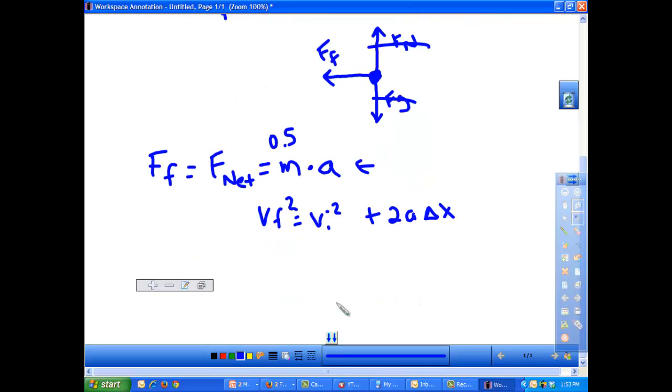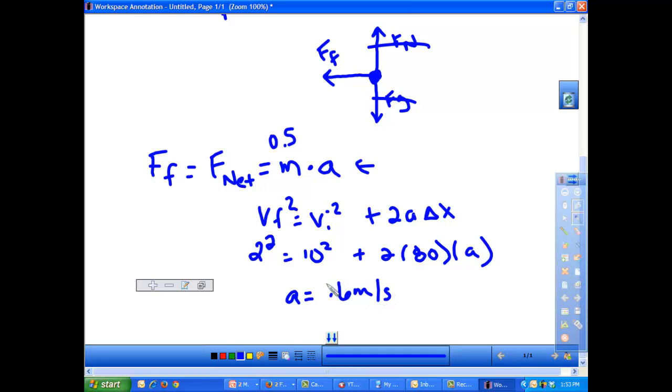If we substitute in, 2 squared equals 10 squared plus 2 times 80 for our distance times our a. So when we do that, we get an acceleration of 0.6 meters per second squared. And this is, of course, negative because it's slowing down.